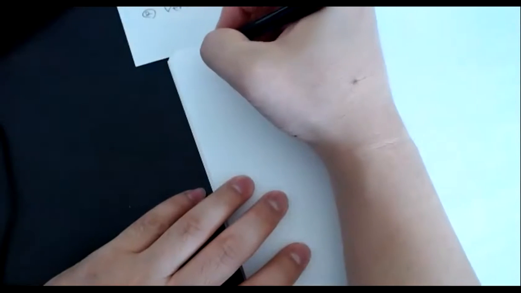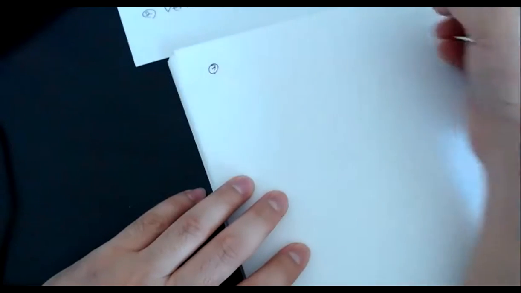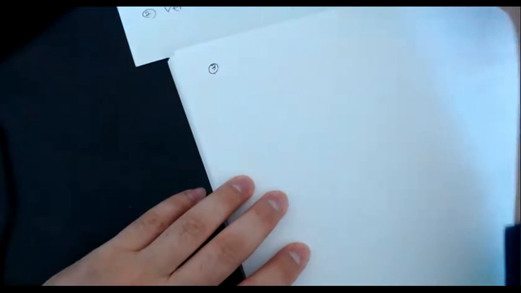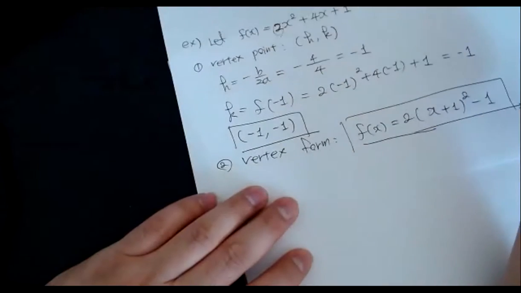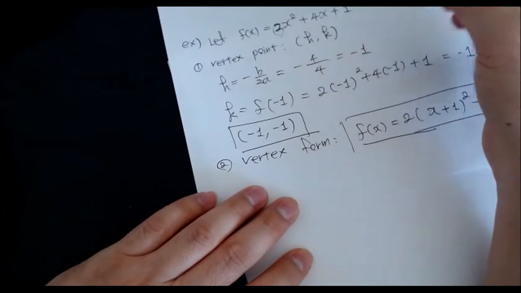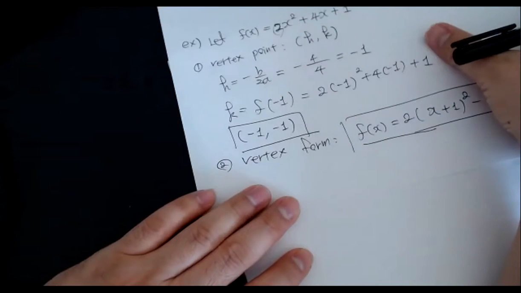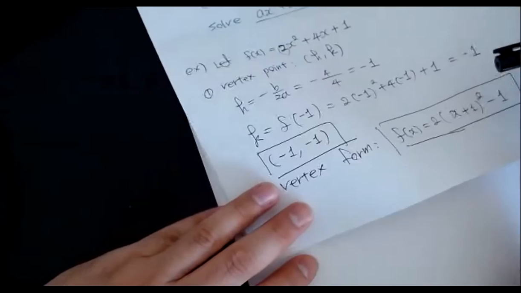So next one is maximum or minimum. Okay, third one, minimum. We see that since a is 2, which is positive, the graph of f(x) must be a parabola that opens up. So k must be the minimum.